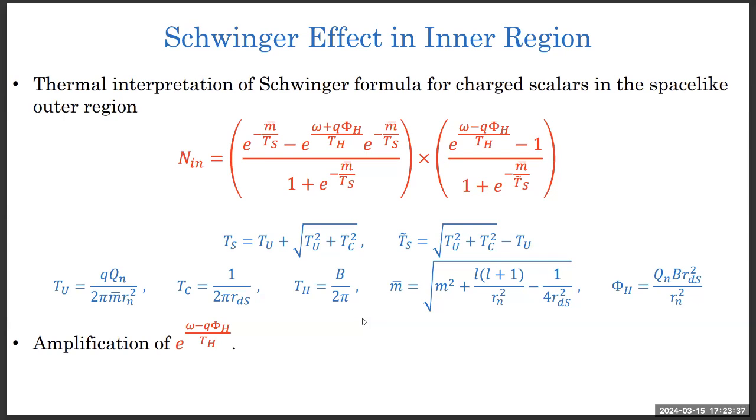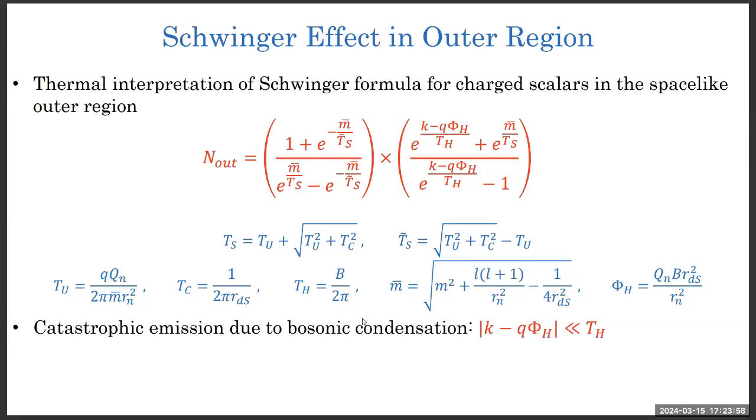So by comparing the mean number in the inner region with the outer region just beyond the cosmological horizon, they are the inverse of each other. You see that in the previous slide.